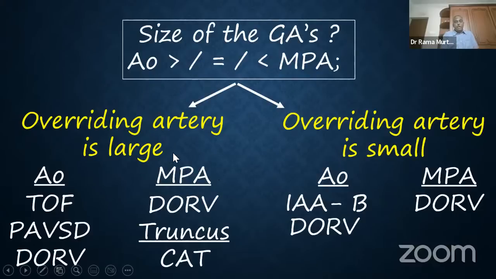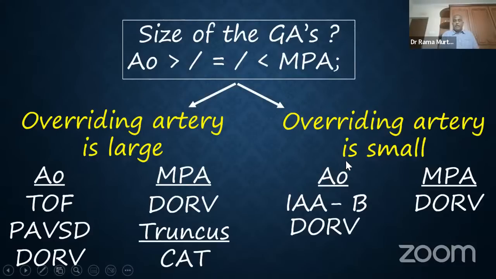If the main pulmonary artery is the overriding artery, you can have it in certain varieties of DORV. And if truncus is the overriding artery, your answer is common arterial trunk. So the overriding artery can be large, and this large artery could be either the aorta, main pulmonary artery, or truncus. And we'll see examples in flesh and blood of all these conditions, right?